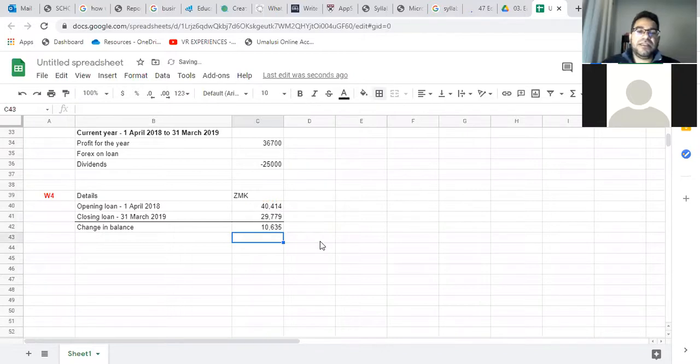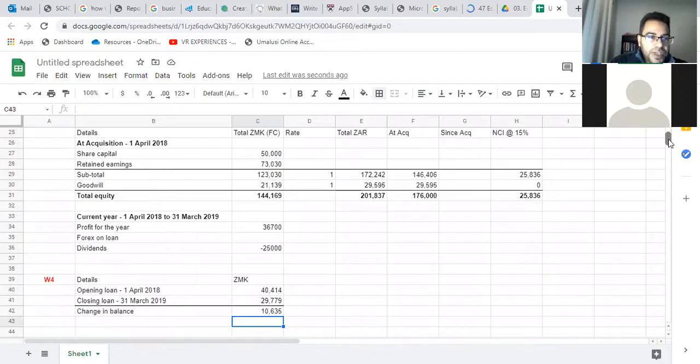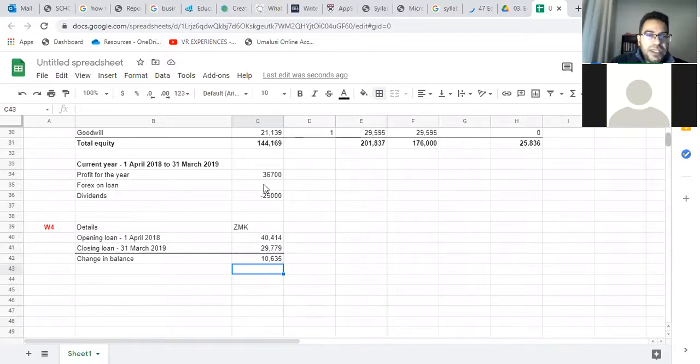It's 10,635. What you must understand is that for them, they owe us less, so the exchange rate was favorable. It is a gain to them. So the Forex on the loan is going to be a gain to them, so it increases their profit or loss. It's going to be 10,635.